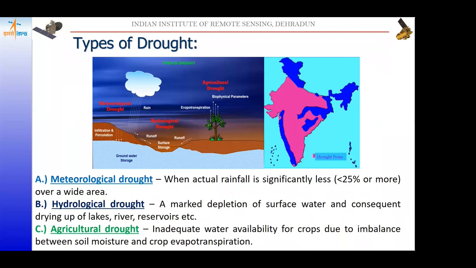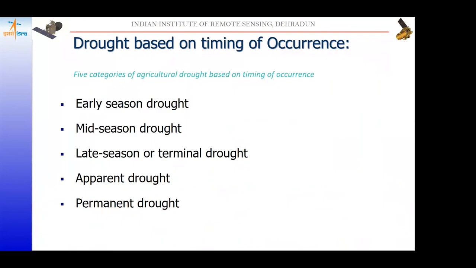If soil moisture is appropriate and crop evapotranspiration is on the higher side, the condition is not defined as agricultural drought. But if soil moisture is on the lower side while crop evapotranspiration is very high, which ultimately leads to the drying up of plants or vegetation, that situation is defined as agricultural drought.